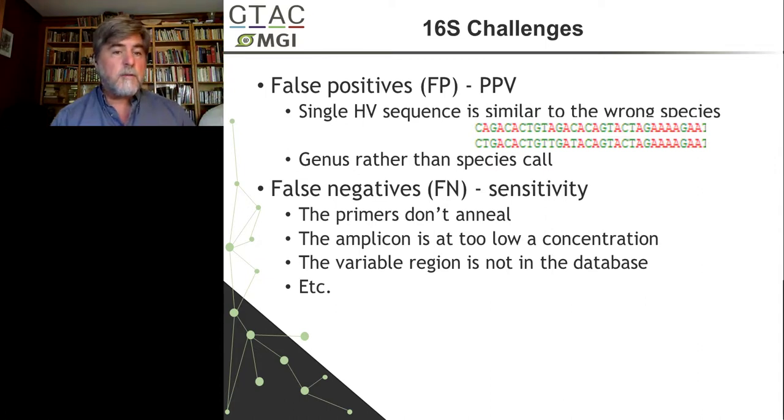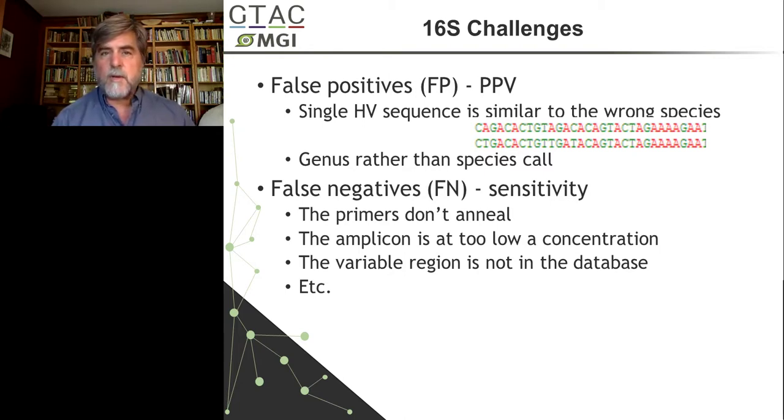For anyone who's done PCR, the cause of false negatives is relatively obvious. It's that sometimes the primers don't anneal. We've already talked about the fact that some conserved region primers won't anneal to some conserved regions. Sometimes, in the resulting amplicon, there are so few bacteria present that it's a too low concentration and it doesn't show up in the sequence.